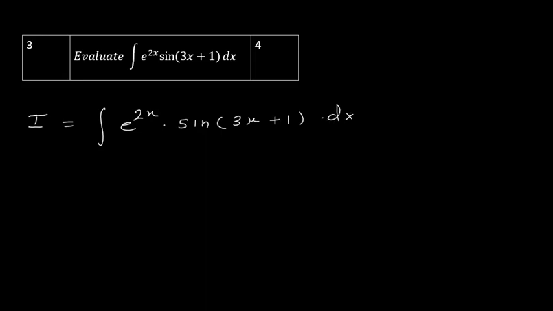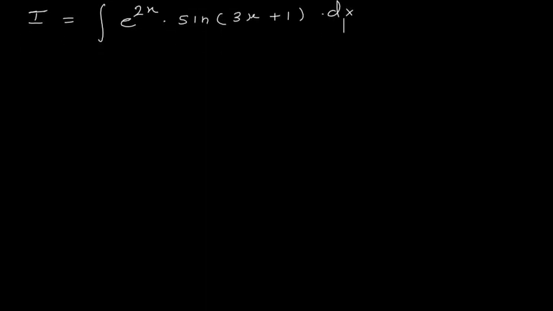Now here we are going to use the u into v method, as we have two functions, e power 2x and sin 3x plus 1. If I use ILATE, the trigonometric function comes first and then the exponential function. So the exponential function will be v and sin 3x plus 1 will be u.